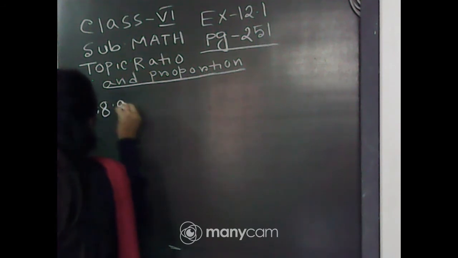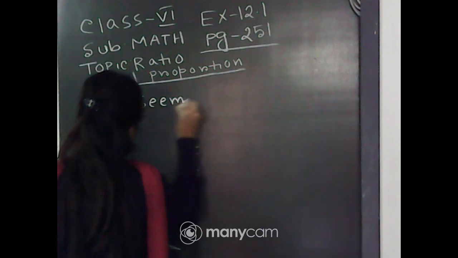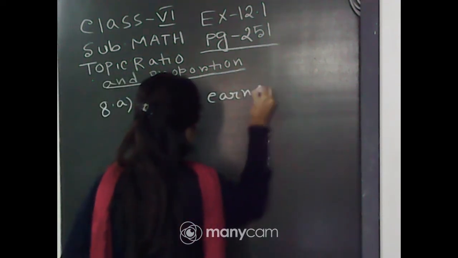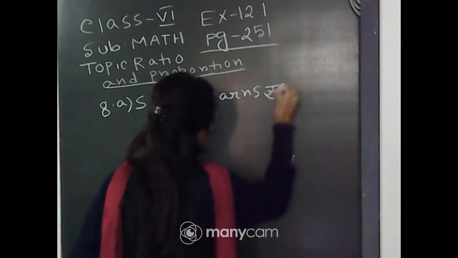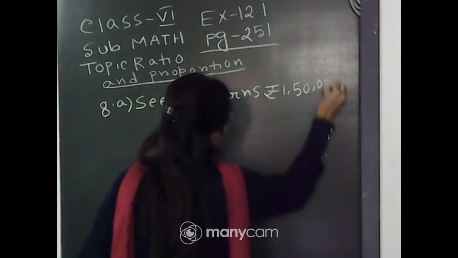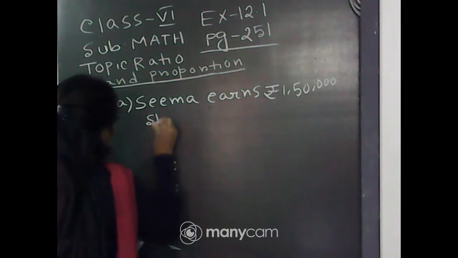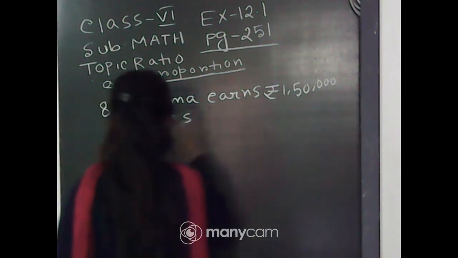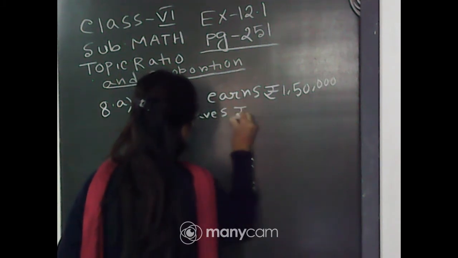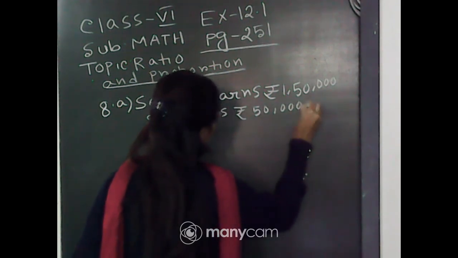Here it is given that Seema earns rupees 1,50,000 in a year, and she saves rupees 50,000.